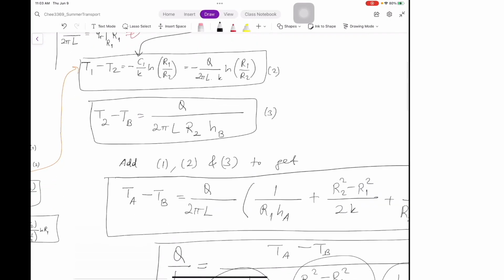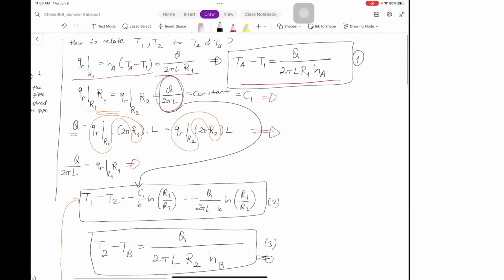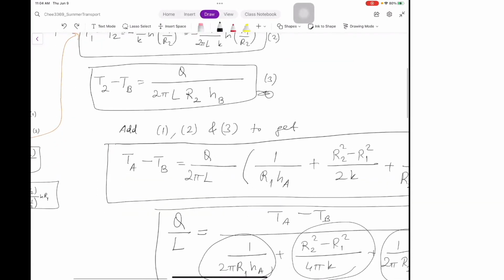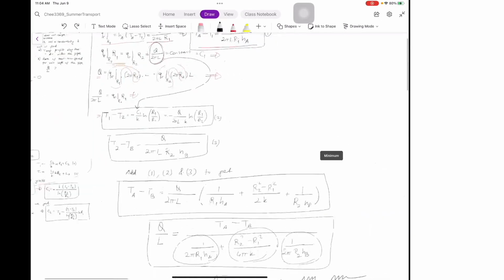Right? And then T2 minus TB. This should be valid because it's based on this one. It's very similar to equation 1. Now we add 1, 2, and 3.